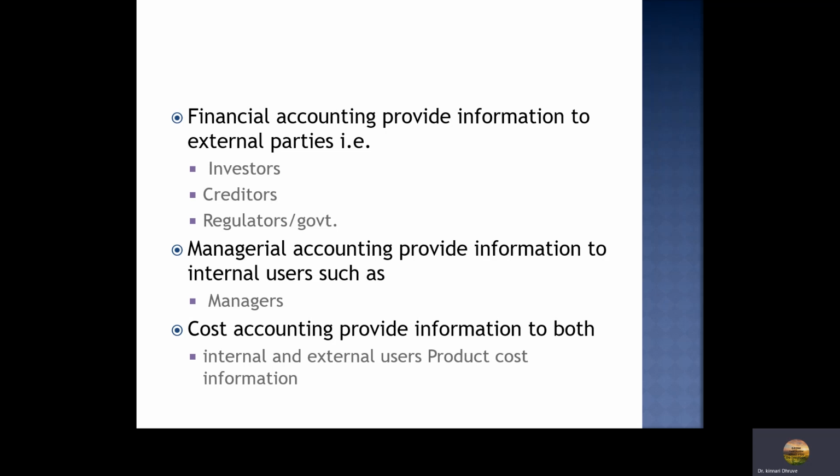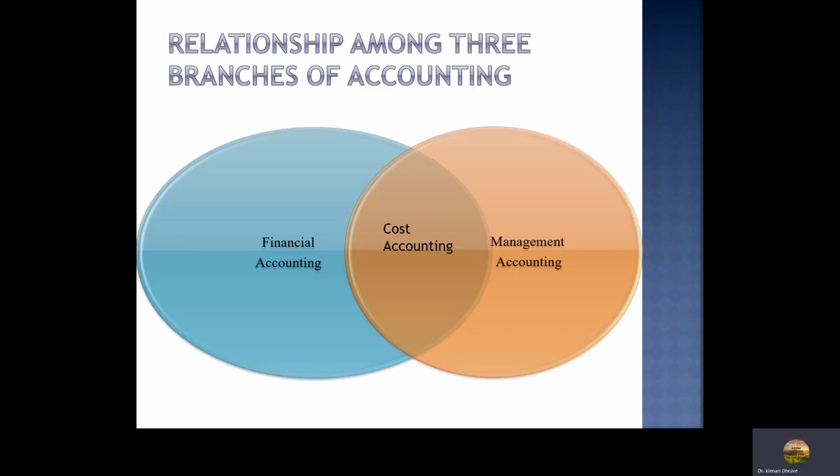Thus, we can establish the relationship among the branches of accounting. Financial accounting provides data to the outsider stakeholders, management accounting provides information to the inside stakeholders, but cost accounting provides information to both the outsider and insider stakeholders.